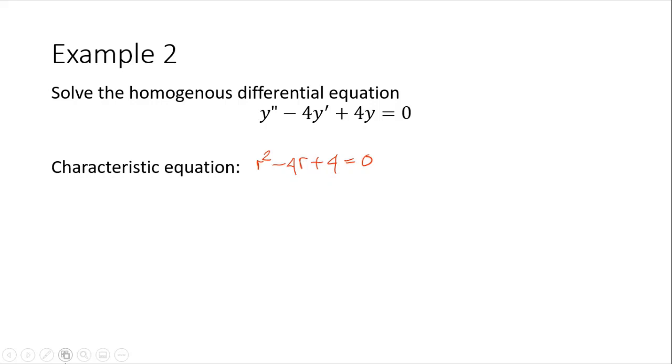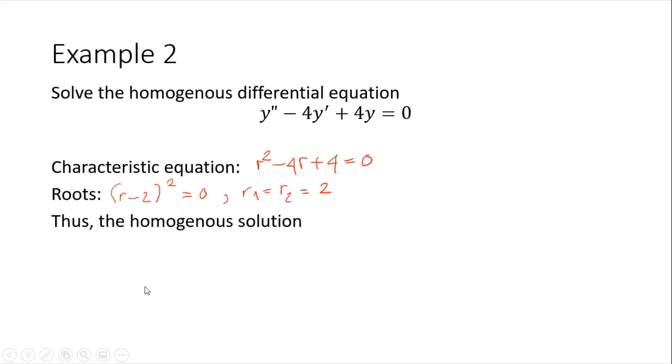Next step will be to find the roots. What is the factorization of this equation? We will have r minus 2 square equal to 0. So in this case we have r1 equal to r2 equal to 2.